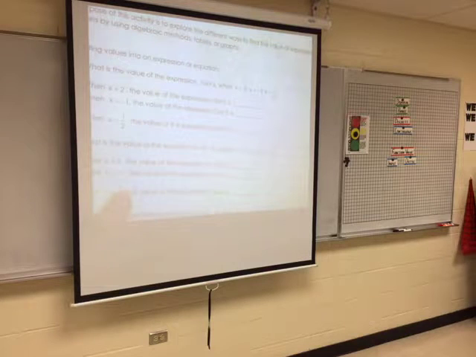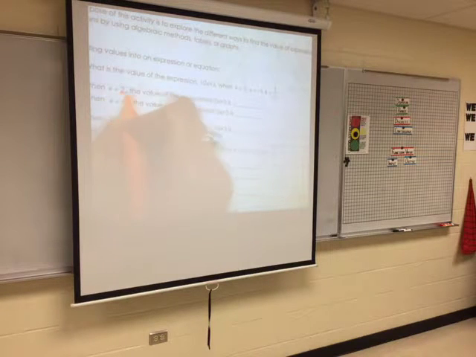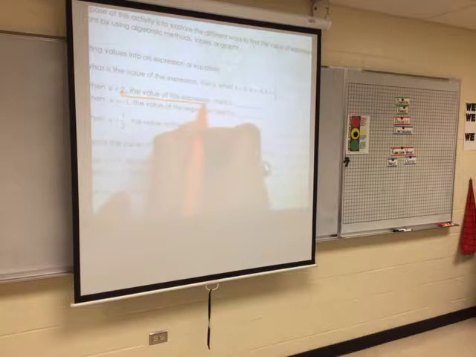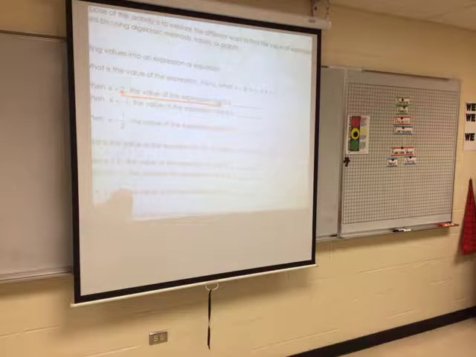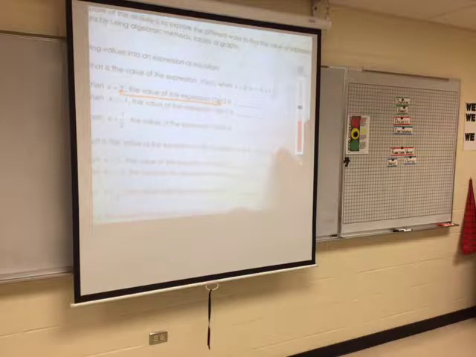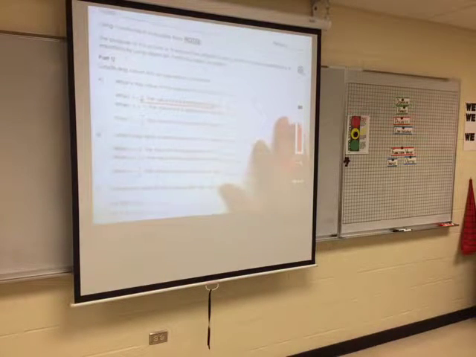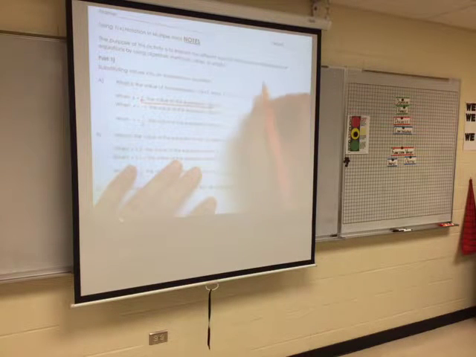So first, when x is equal to 2, the value of the expression 10x plus 3 is, well, what we're going to do is we're going to take that 2 and we're going to substitute it for the x in that expression. So I have to zoom out just a bit. There we go, that's a little better.